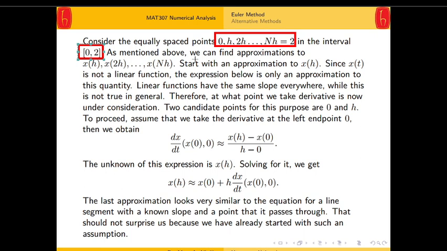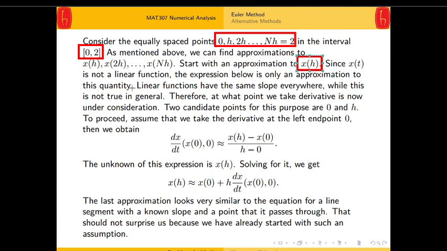As mentioned above, we can find approximations to x(h), x(2h), and so on, and finally x(nh) with the linearity assumption. Start with an approximation to x(h), for example. Since x(t) is not a linear function, the expression below is only an approximation to this quantity.